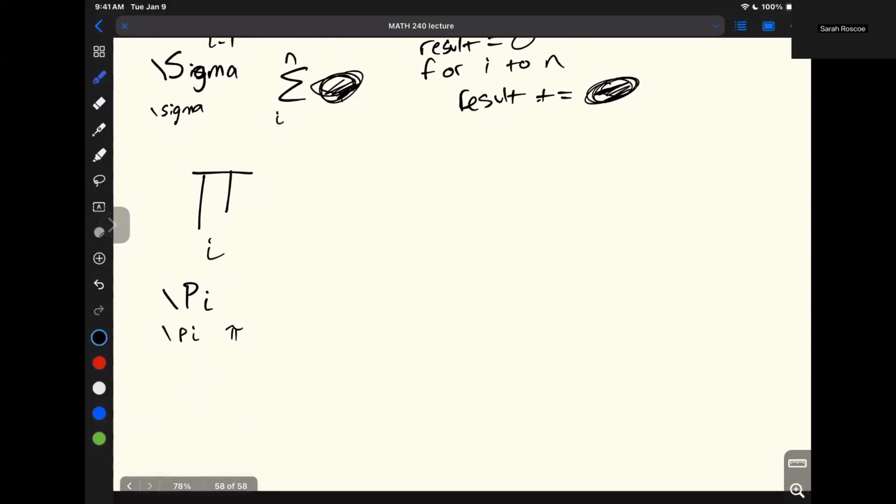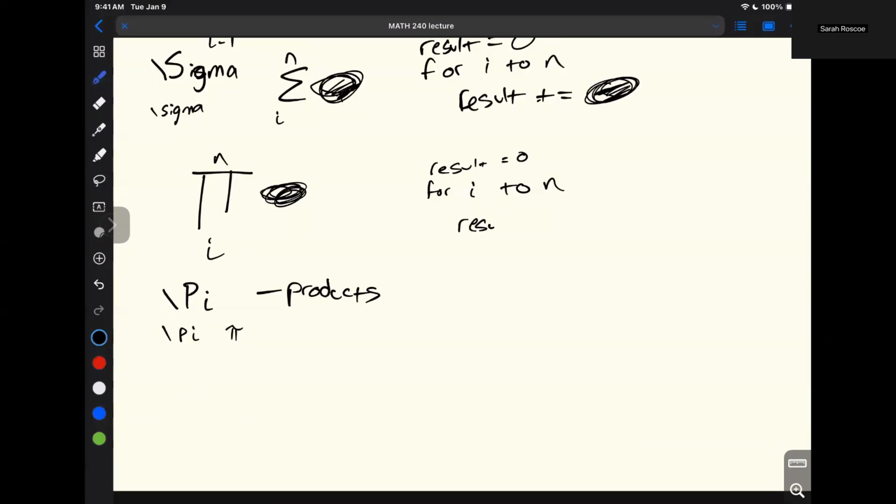Sigma is for sums, pi is for products. So pi up to n of something is the same kind of thing: result equals 1, for i up to n, result times equals whatever goes next to the pi.